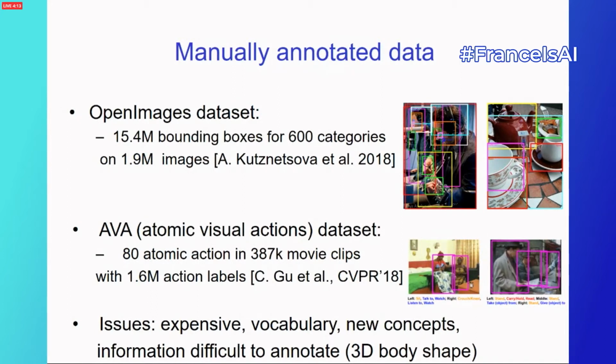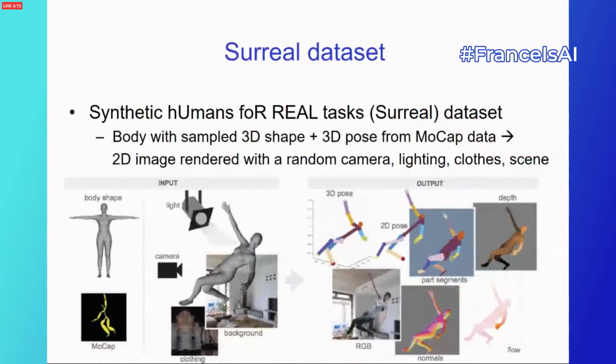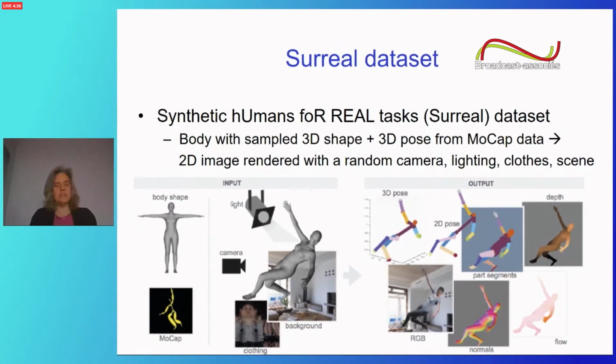I'll start by presenting an approach for how to create synthetic data for human 3D body shapes. We've introduced the SURREAL dataset, which takes as input body shapes obtained by scanners, the 3D shapes, and 3D motion capture data, which captures the motion of a human in a sequence.